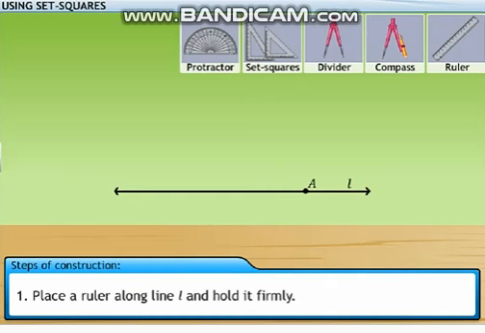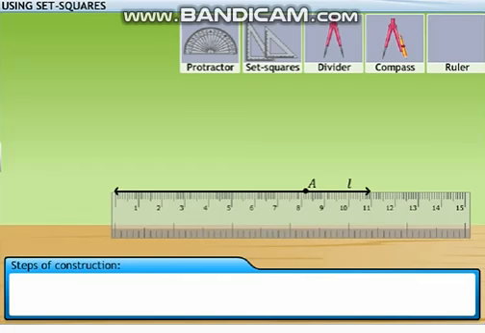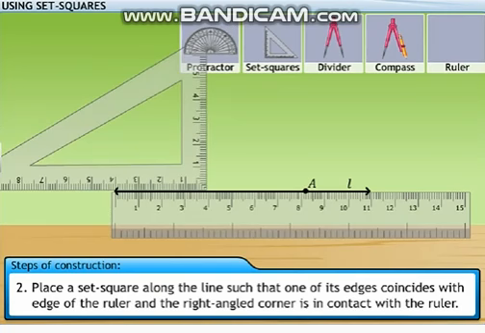Let's place a ruler along line L and hold it firmly. Next, place a set square along the line such that one of its edges coincides with the edge of the ruler. Here, you must remember that the right-angled corner of the set square should be in contact with the ruler.